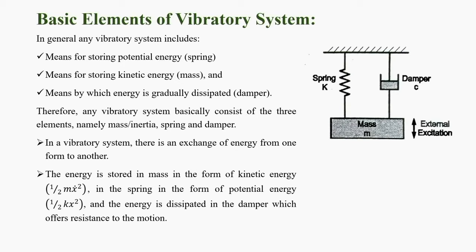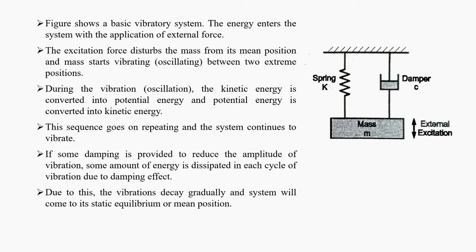Now in any vibratory system there is an exchange of energy from one form to another, as we have discussed earlier. Whenever the system is deflected from its mean position, the energy is stored in the form of strain energy due to the deflection, because some work is done against that elastic constraint. On releasing of that force, the system starts vibrating, it starts accelerating toward the mean position.